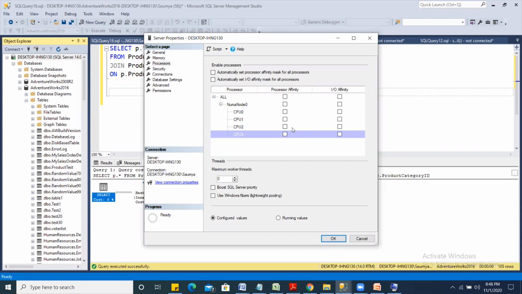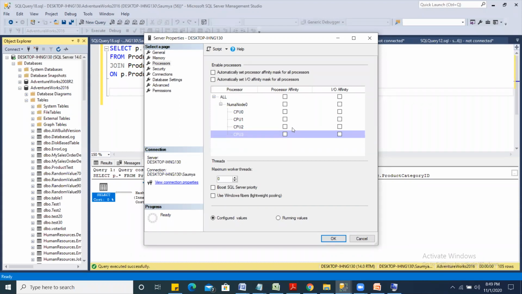So affinity comes into the picture in two scenarios. The first scenario is when you have multiple instances installed on a server. For example, you have 16 processors on your VM, and you have installed 4 SQL instances, right?